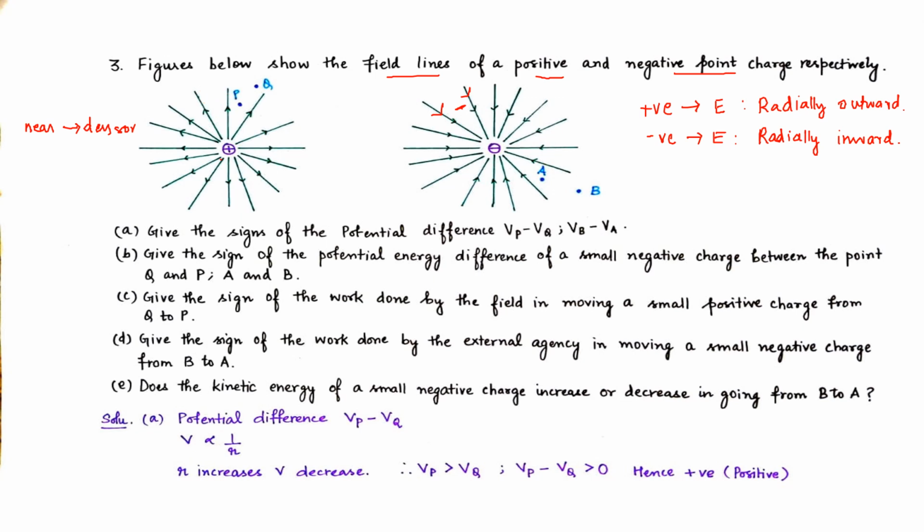These are point P and point Q, point A and point B. One thing which we should write over here for our clear understanding: distance of P is lesser than distance of Q from the positive Q charge, and distance of A is lesser than distance of B from the negative Q charge.